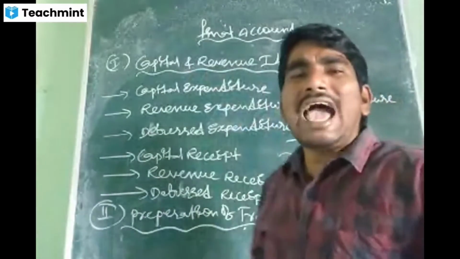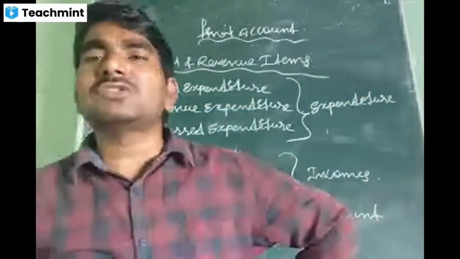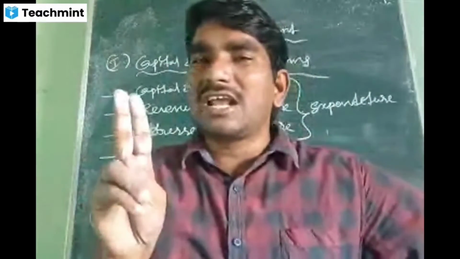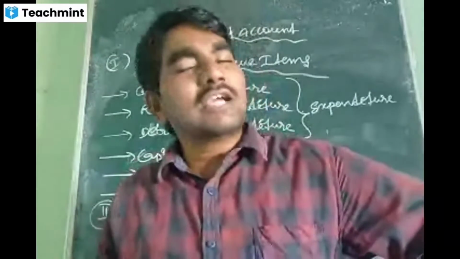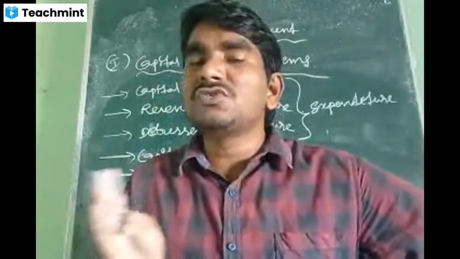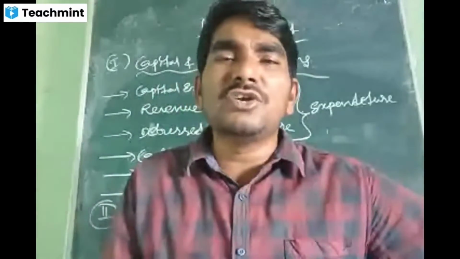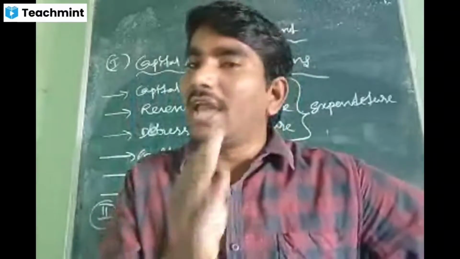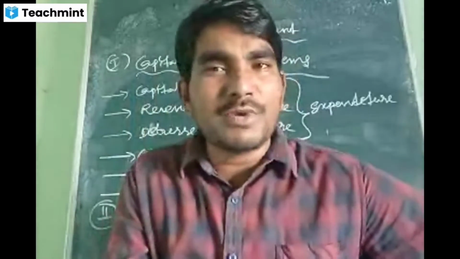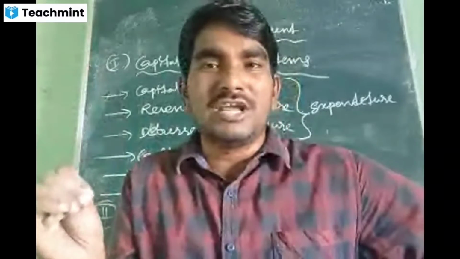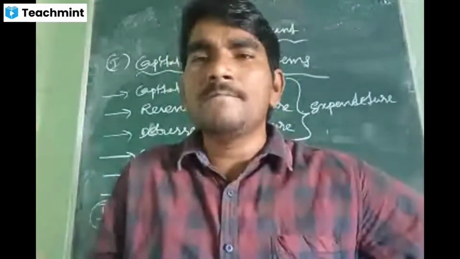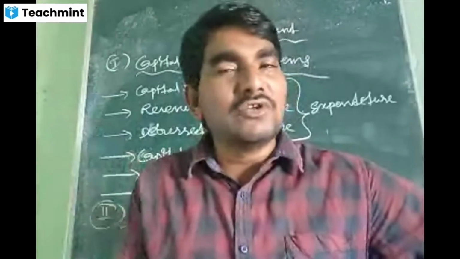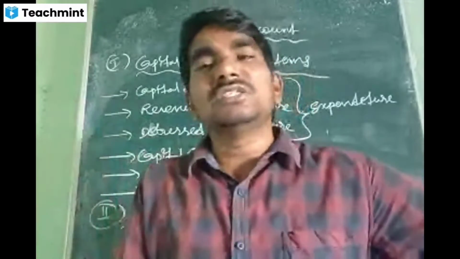Capital and revenue items are classified into two categories: expenses and incomes. On the expense side they are capital expenditure, revenue expenditure and deferred expenditure. From the point of view of income, they are capital receipt, revenue receipt and deferred receipt.